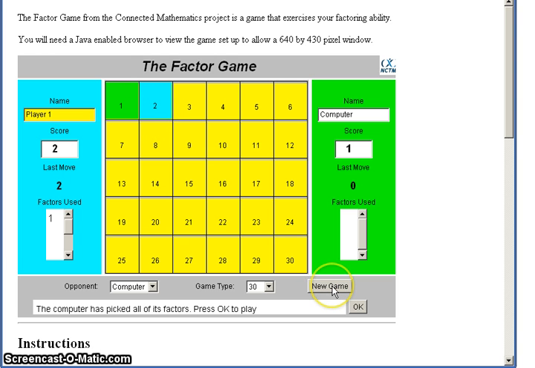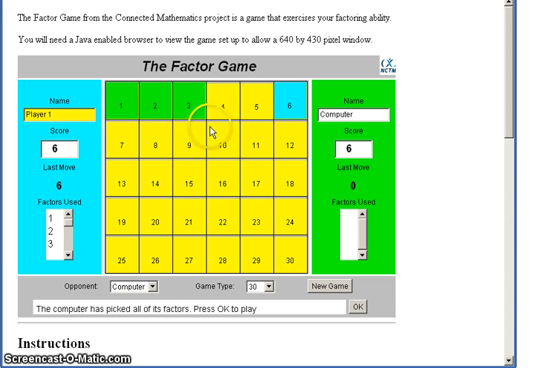It has 2 factors. Let's say 3, also prime, also therefore deficient. Any prime number is deficient. 4, not prime, but still deficient. I got 4 points, the computer got less, 3 points. 5, prime, 2 factors, therefore deficient.